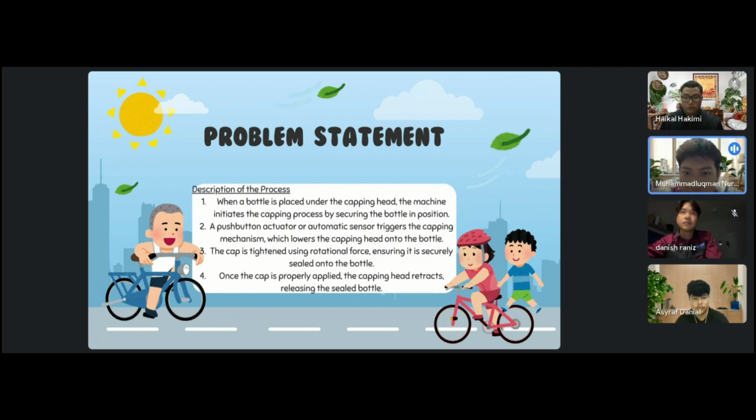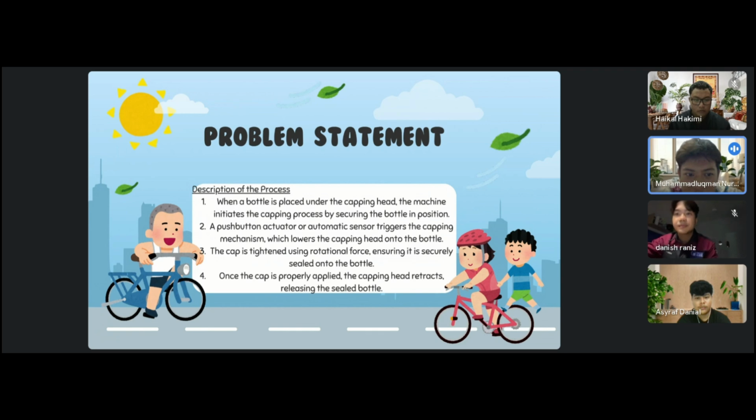The second step is a push button actuator or automatic sensor triggers the capping mechanism, which lowers the capping head onto the bottle. If a push button is used, the operator manually presses the button to activate the capping mechanism.